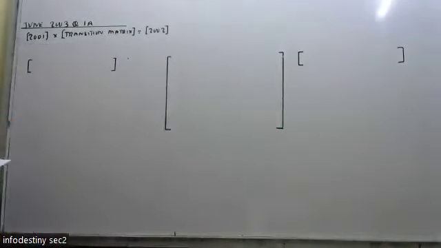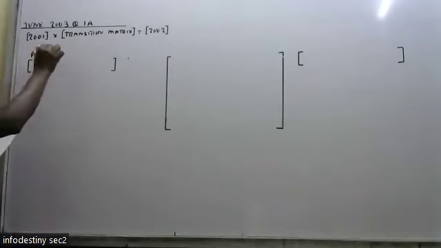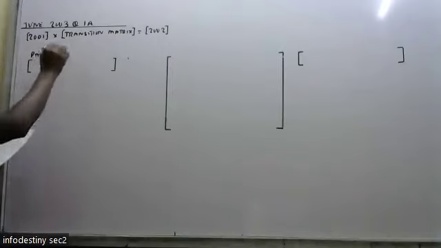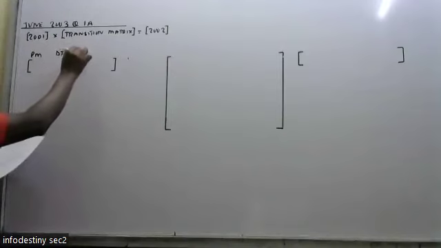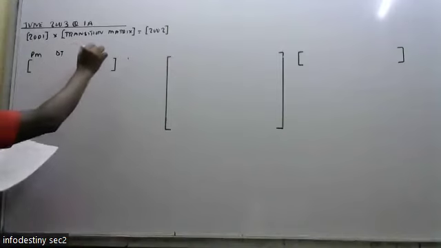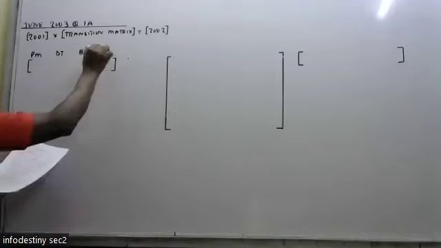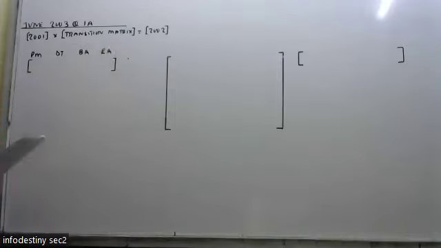So as you can see, we have 4 companies. One is called BM, the other one is called BT, the other one is called BA, and the other one is called EA. That is according to information number 5.